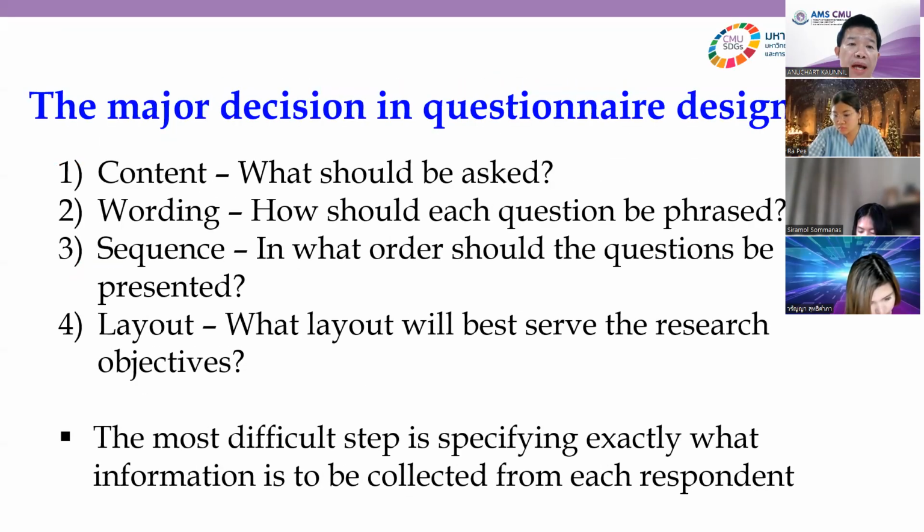Okay, major decisions in questionnaire design. The first, very important, is content related to the research aim. The content should have that. The second is wording. Sometimes in a questionnaire we don't use scientific wording all the time.